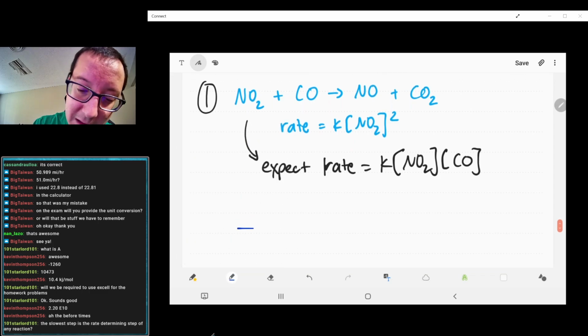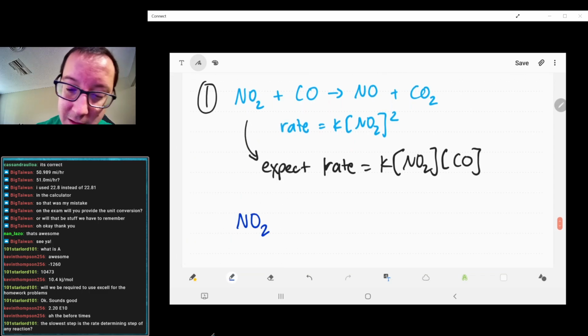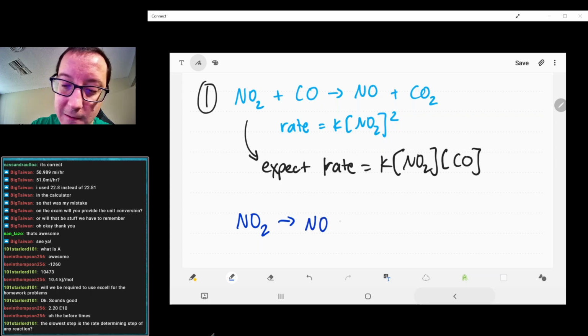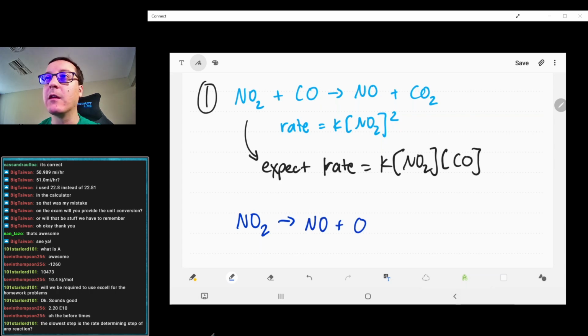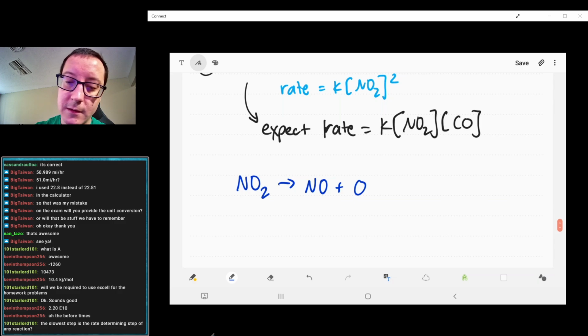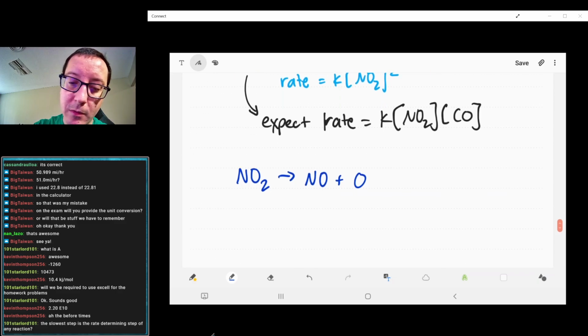I'm going to say, well, hey, how about if we do this thing? Let's say that the first step is actually breaking NO2 into NO and O. And let's say, what else shall we have?